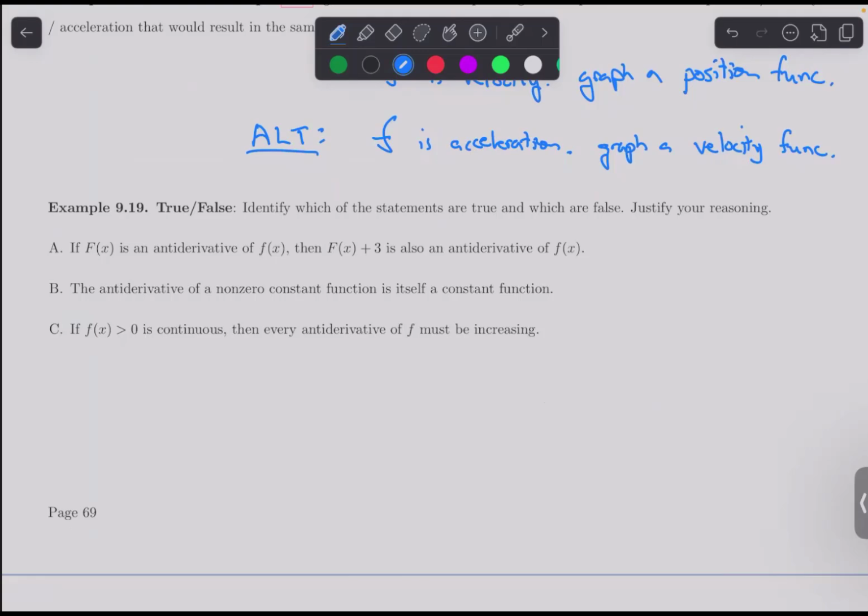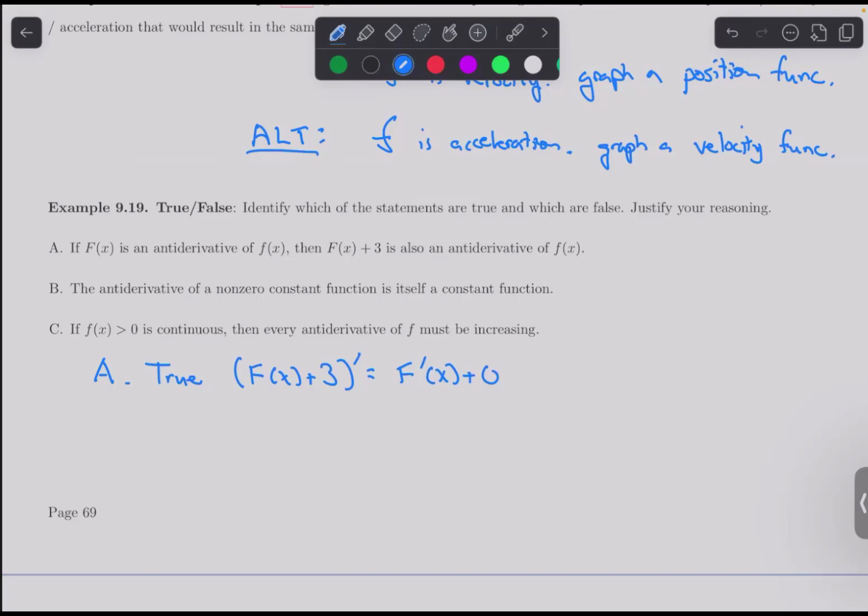Okay, we're going to start off one by one. Statement A: if capital F of x is an antiderivative of some little f, then capital F of x plus 3 is also an antiderivative. So yeah, that's going to be true because if you take the derivative of F of x plus 3, you're going to have F prime of x plus the derivative of 3, which is just 0.